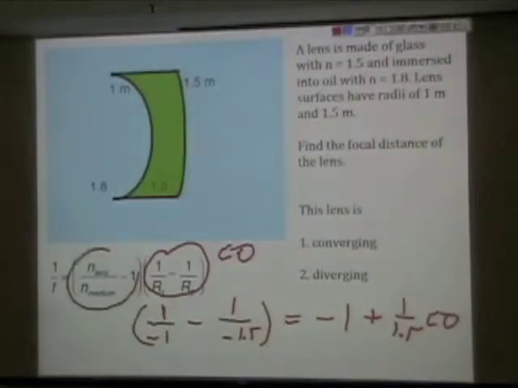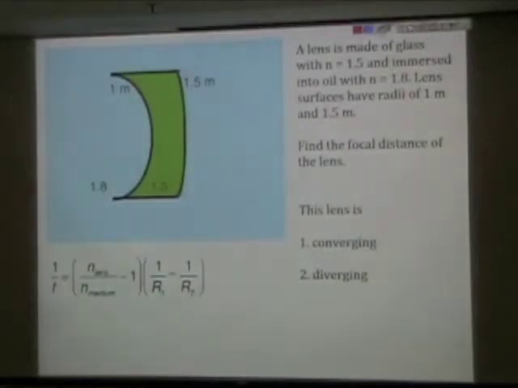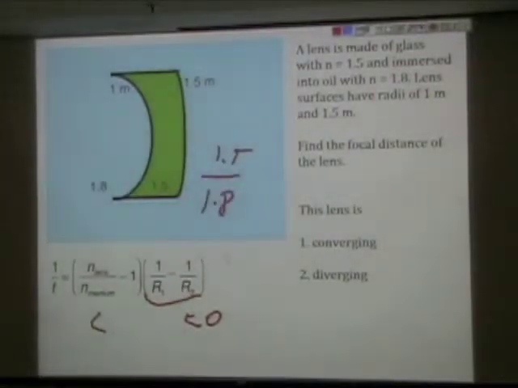And we are multiplying by another number. The first combination of variables also is negative or positive. So that's a negative number. The index is 1.5, medium is 1.8, minus 1.